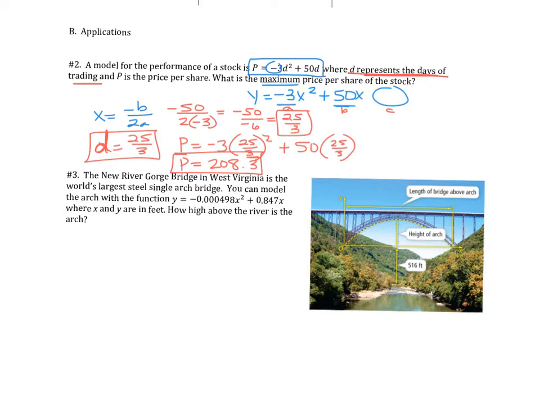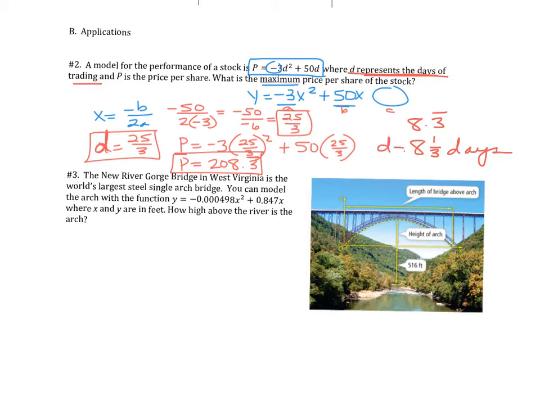Okay, so if you plug in 25 divided by 3, that's 8.3 repeating, right? That's 8 1/3 days. What's the 208.3? That's the price per share. Does 208.3 repeating make sense if we're talking price per share? No, but 208.33 does.